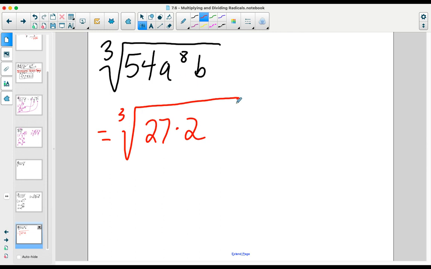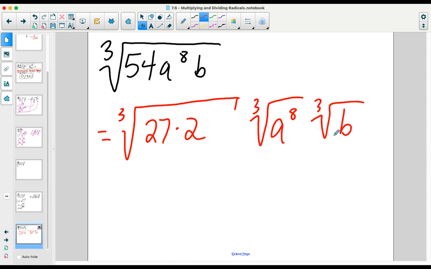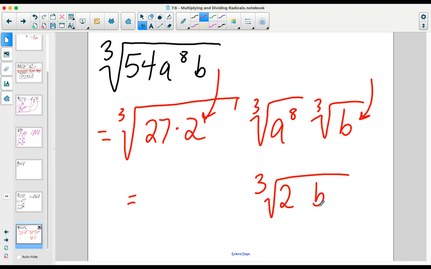Then I give my extra consideration to the cube root of a to the eighth, and I give the cube root of b. Based on the way that this is simplifying, I know that this b and that 2 are both going to show up in the final simplified radical as not having anything to simplify with. I know the 2 and the b are going to be here.